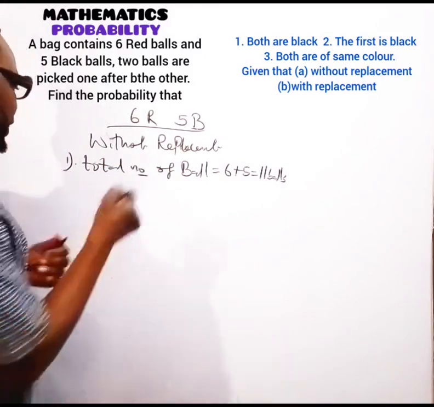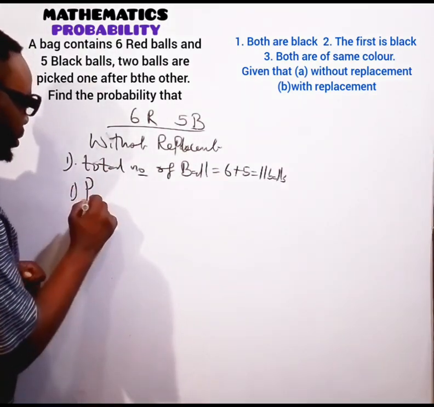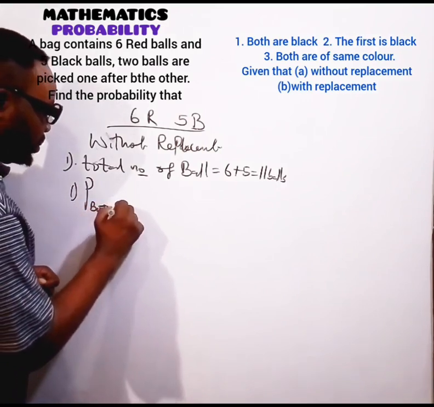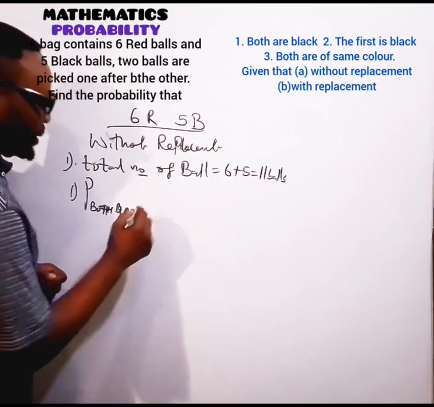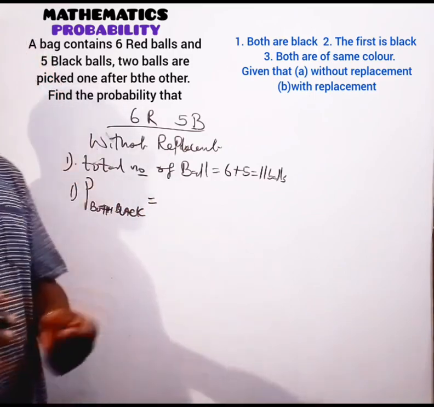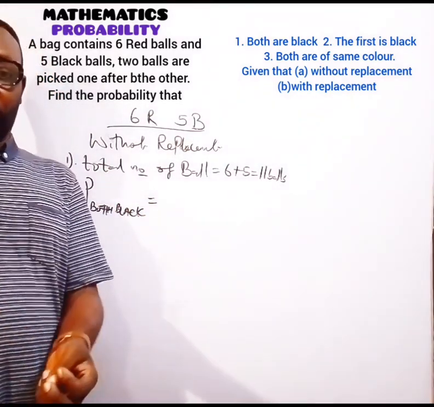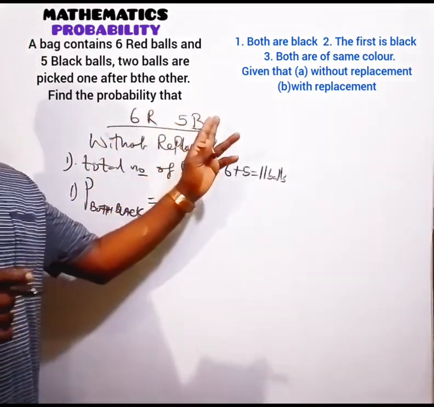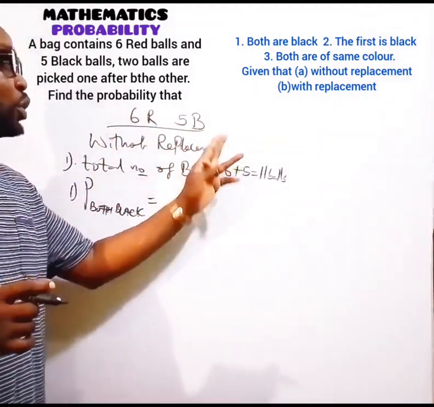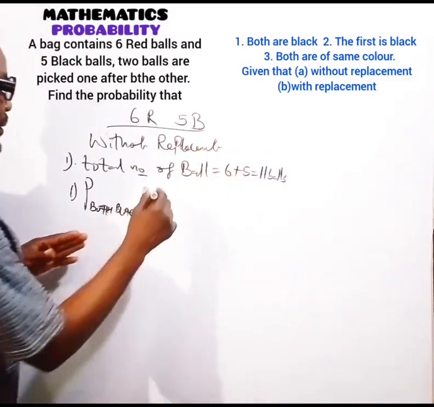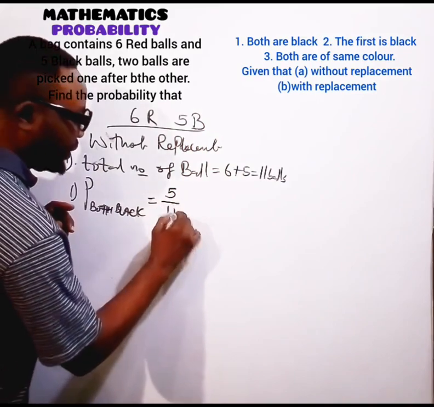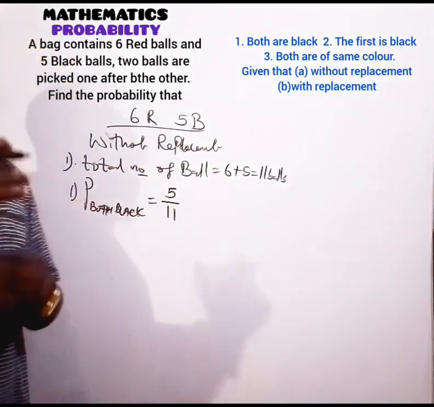Probability of both balls black will be equal to the first. It means that the first one that you pick is a black ball. Probability of obtaining a black ball will be probability of how many black balls do you have there? 5 black balls over the total number of balls that we have there. Now, for the first pick, 5 over 11. It is the first is black.